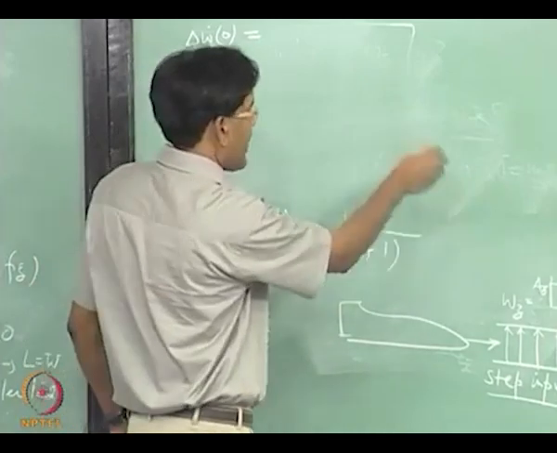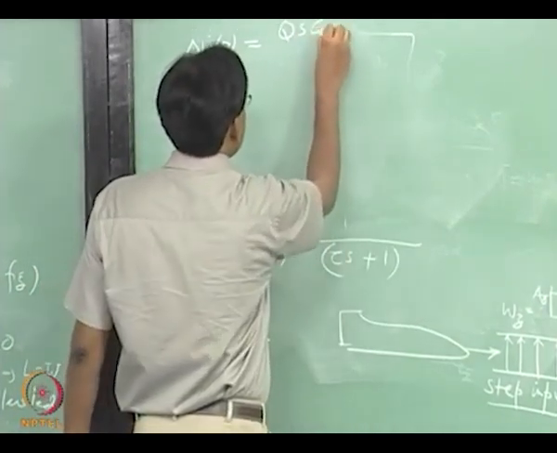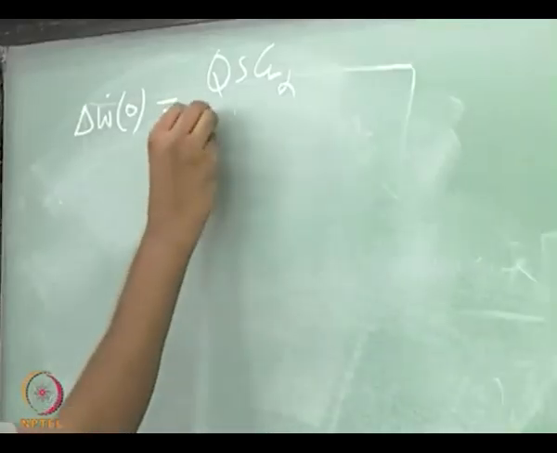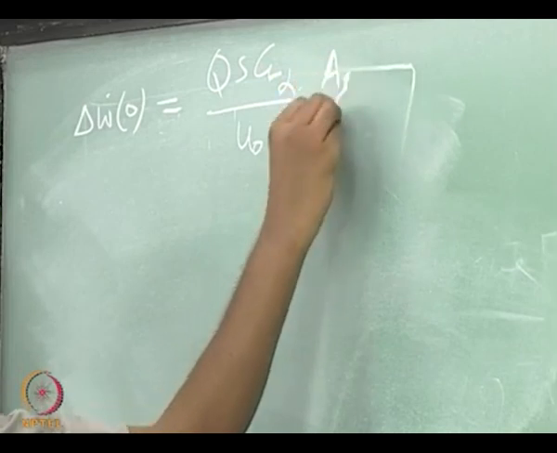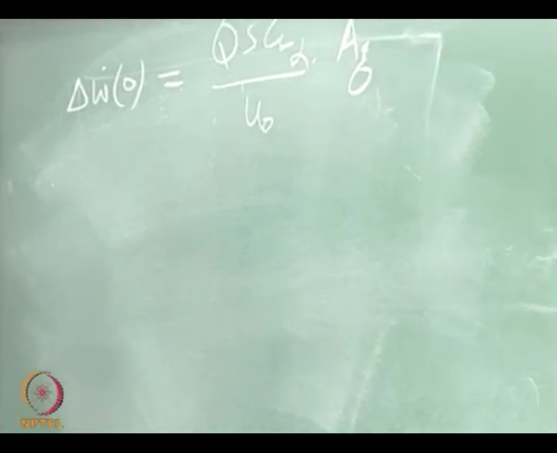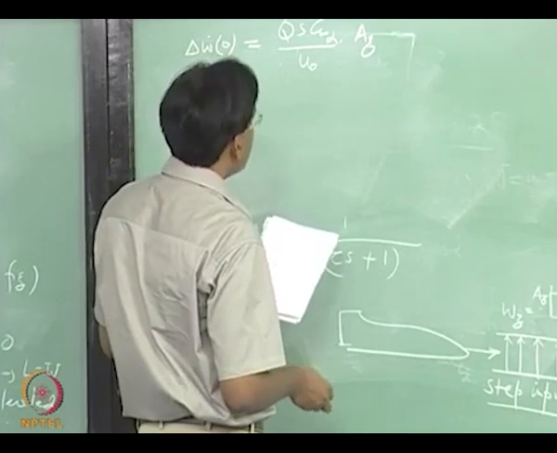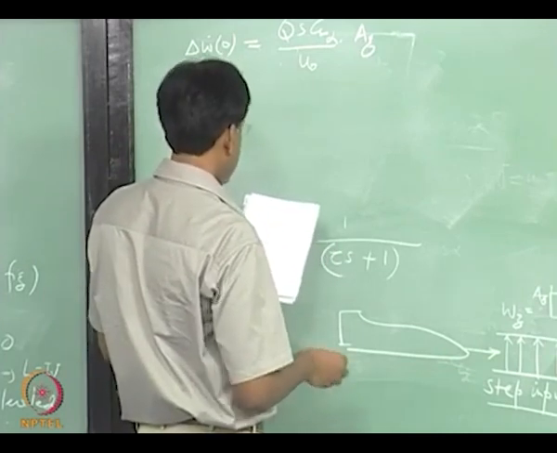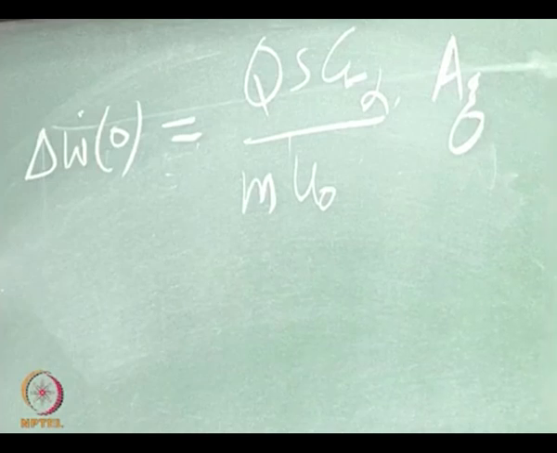So, let us expand that. So, Q S C L alpha over u naught into the amplitude of the gust. And there is one m also here.